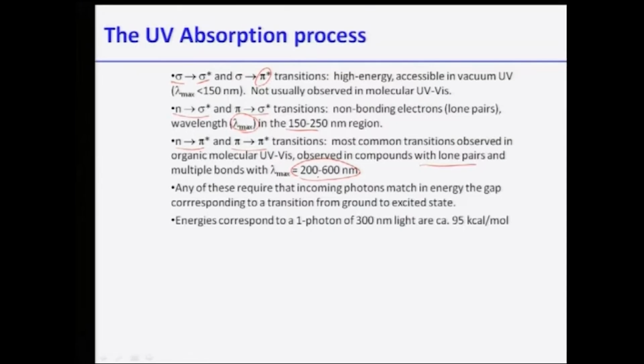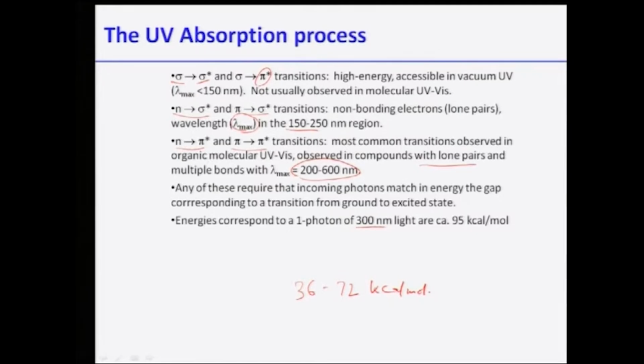Any of these requires incoming photons to match the energy gap corresponding to the transition from the ground state to the excited state, like from n to pi star. The energy corresponding to one photon of 300 nanometer light is about 250. Now the visible region of the spectrum corresponds to energy levels from 36 to 72 kilocalories per mole.